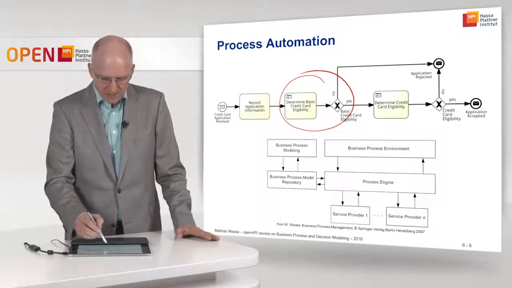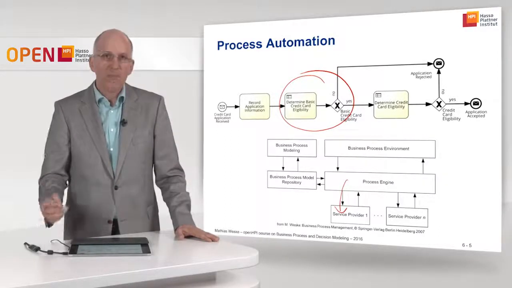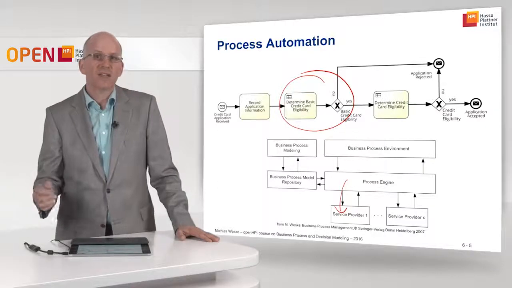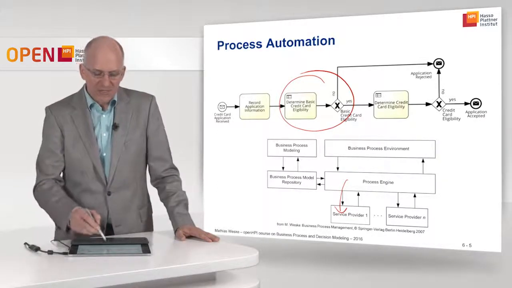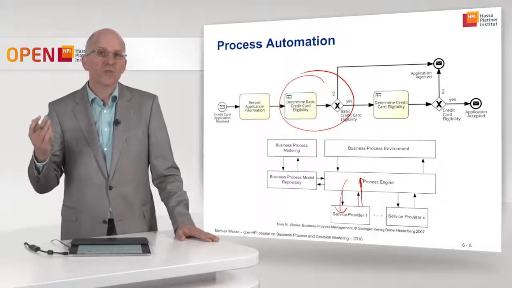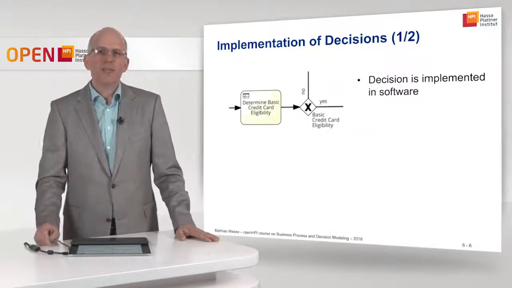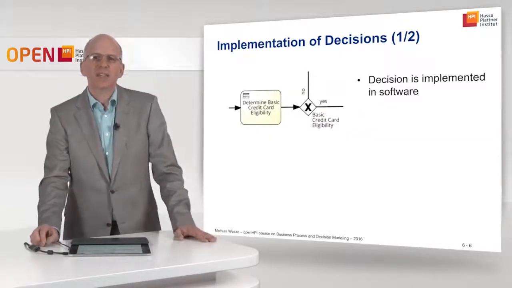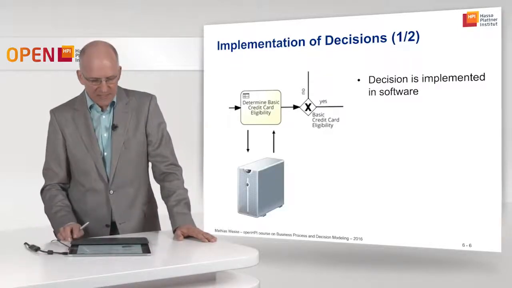It calls a service provider, asking: please decide for me, should I accept the credit card application or not? Then I get a return value back, and I use that to control the flow. If you look at concrete implementations, we often have the case that the decision is actually implemented in software.